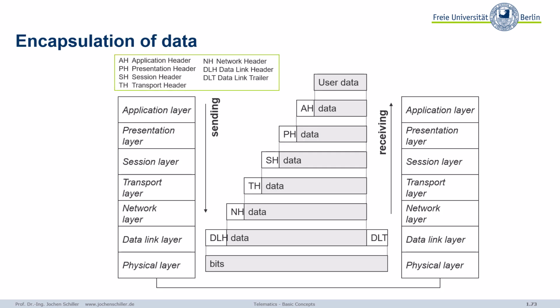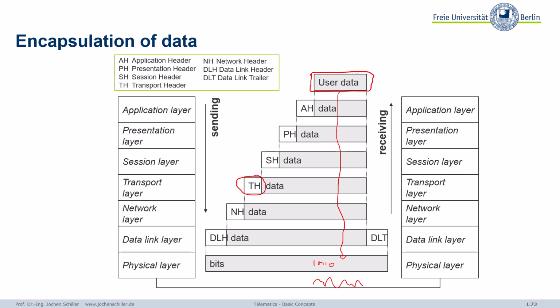And what you also learned already in bachelor courses is what this means for the data. We start with our user data, for example, a picture we want to transfer. The picture is still there in all this data down to the physical layer where we have our bits, and there we have certain waves, but we add for each layer typically a header.